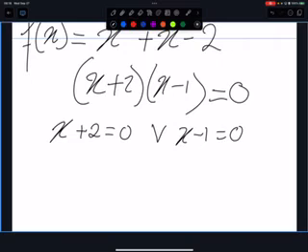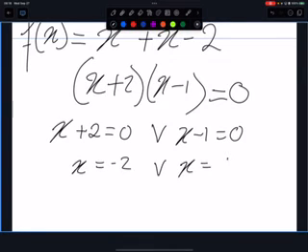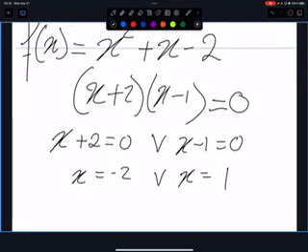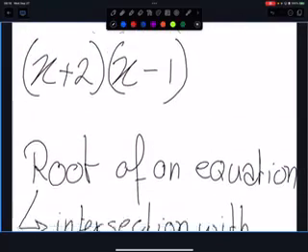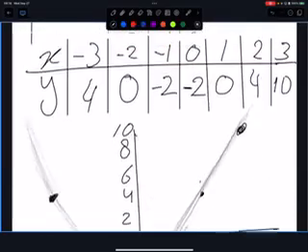So either x plus 2 is 0 or x minus 1 is 0, and then you have to solve the equation, which is extremely easy. X is either -2 or X is what? 1. Go back to your table. When is X 0?